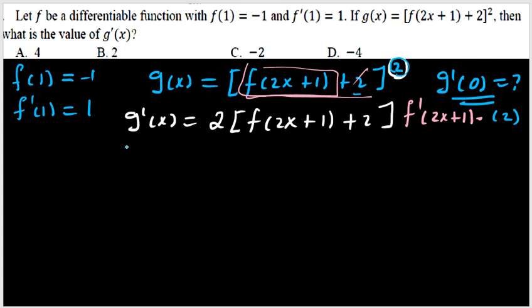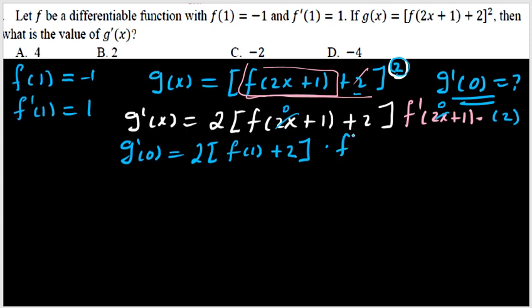So let's substitute 0 now, since we need to find the derivative at 0. g derivative at 0 will be 2 times (when you insert 0, 2x will be 0, so 0 plus 1 gives f of 1, plus 2) times f derivative at 1 times 2.